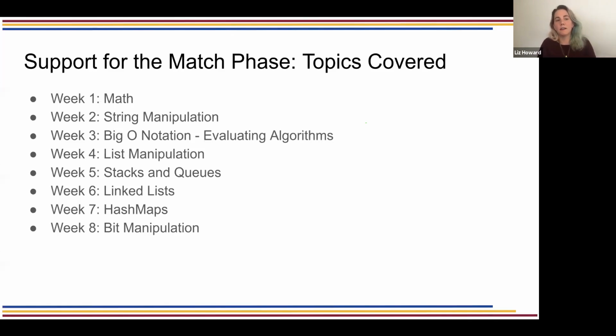So let's talk about what we're going to cover for this course. This is again support for the match phase, right? So the first week we're doing math. That's this week. Next week we're going to go into string manipulation and list manipulation. So we'll be taking strings and lists, sequences basically, and going over them, talking about the class of problems that those represent. Next week, we're going to dive more into big O notation.